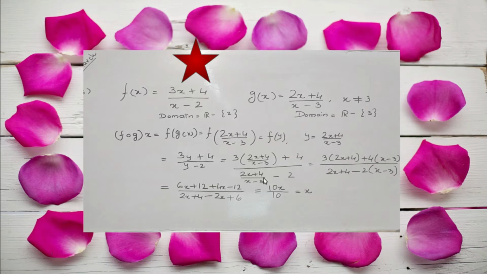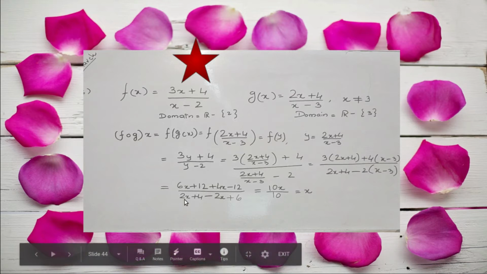Now in the denominator also take common denominator x minus 3, so multiply 2 by x minus 3. So 2x plus 4 minus 2 into (x minus 3). We can cancel this x minus 3, since the same denominator is x minus 3. 3 into 2x is 6x, 3 into 4 is 12, 4x minus 12, then 2x plus 4 minus 2x plus 6.